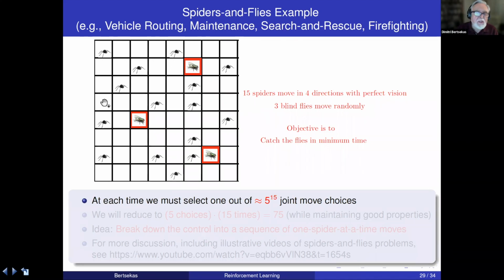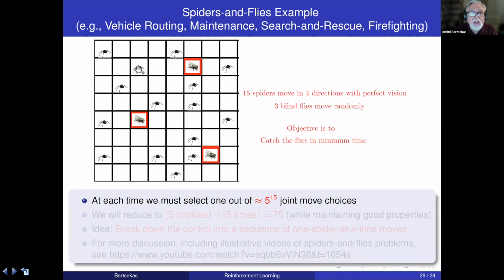And in this figure here, there are 15 spiders that move with perfect vision of where the other spiders are and where the flies are. Each one moves in 4 directions, up, down, right, left, and also can stay where it is.